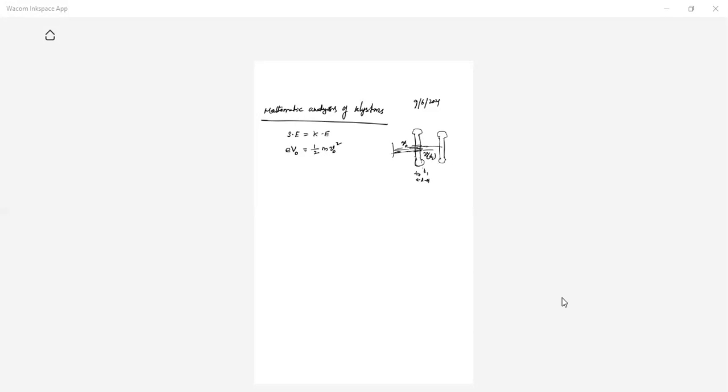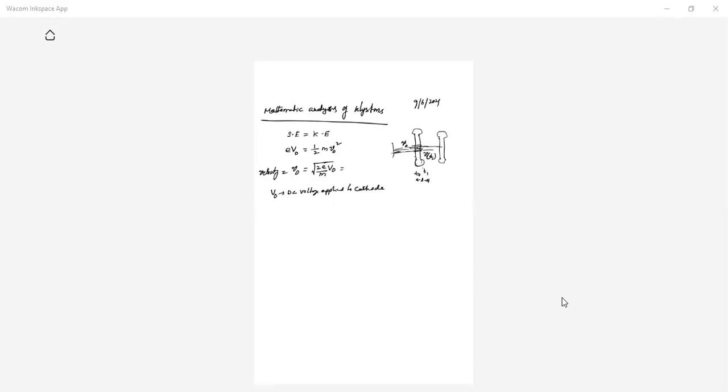From this we can write the V naught, that is the velocity of electron. From the above equation, V naught is equal to root 2 into E by M into capital V naught, where capital V naught is the DC voltage applied to the cathode to generate the electron beam.